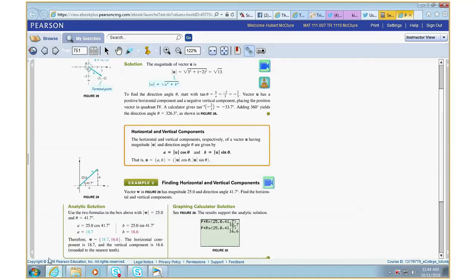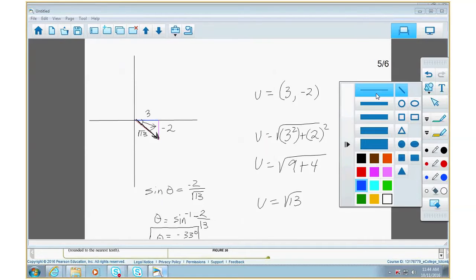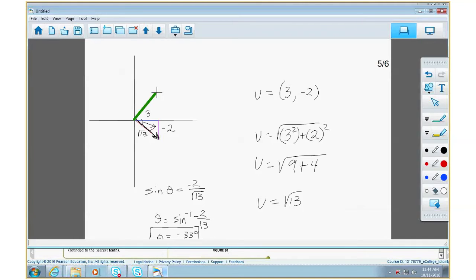So we take it over to the whiteboard, and let's take a straight line maker and color it green. We start right here, and let's say we go up here, and there's our line.